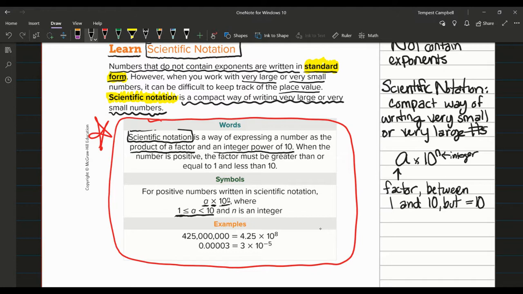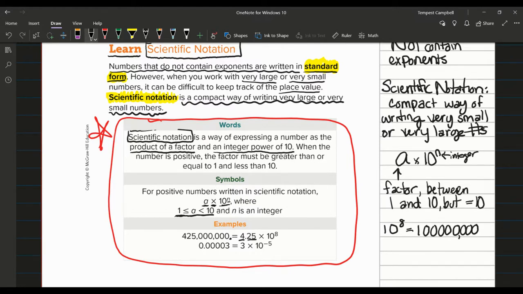So, for example, we have 425 million, and we can make it look like 4.25. So notice how the decimal went from being at the very end to being in between the 4 and the 2. And then we're going to multiply it by 10 to the power of 8. So if we have 10 to the power of 8, that tells us we have 1 with 8 zeros. 1, 2, 3, 4, 5, 6, 7, 8.